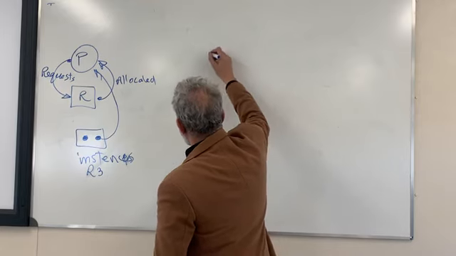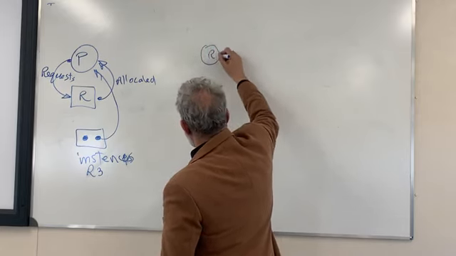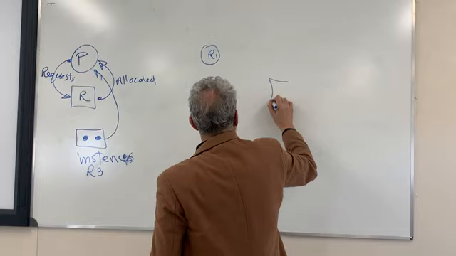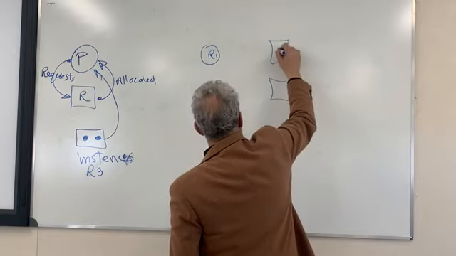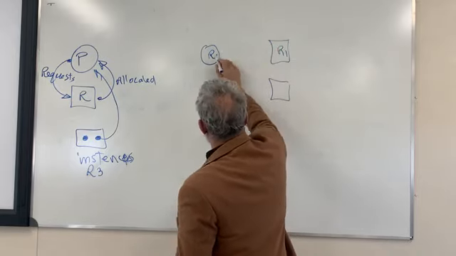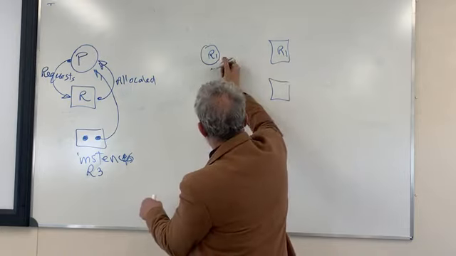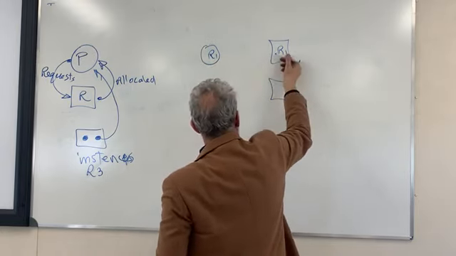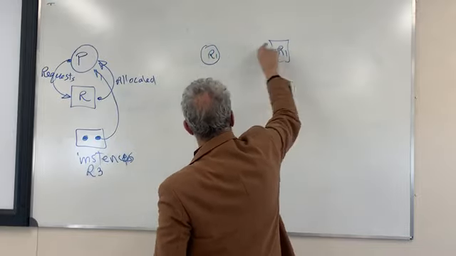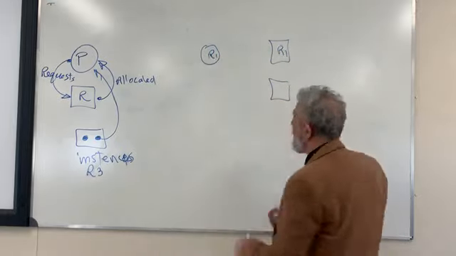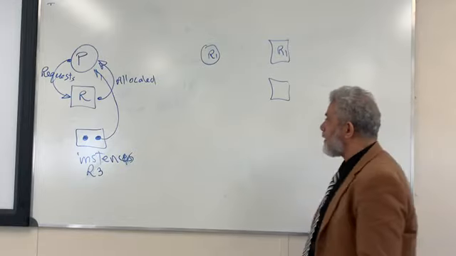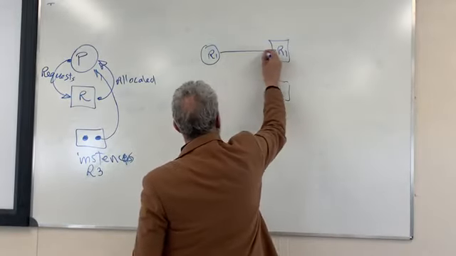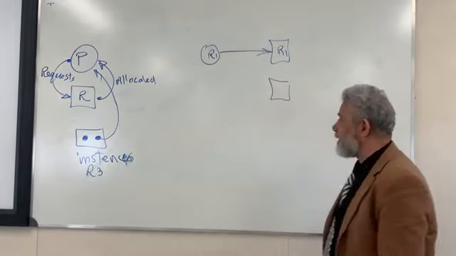So if I say process number 1 is requesting resource number 1, that means is it pointing at it or from it? When this requests that, do we have the arrow going from right to left or left to right? Left to right, yeah.